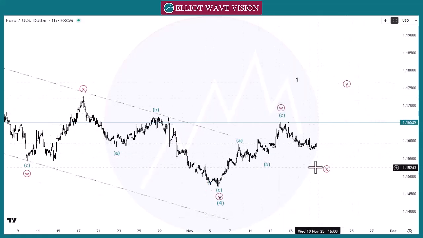But in both cases, if this is WXY or A, B, and C, 165 is the start of group 1.